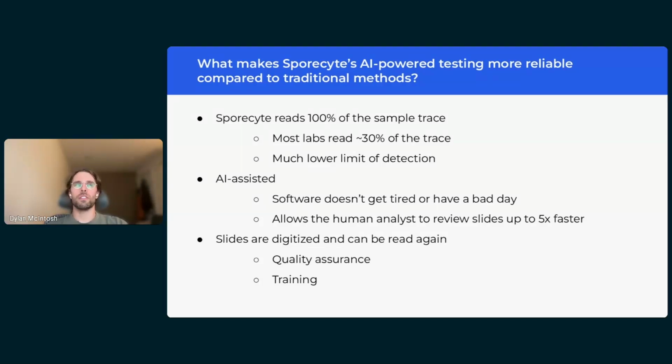That image, that scan of the slide can be reread any number of times without degradation, whether that be for quality assurance purposes, training, or just archival, where a physical slide will start to break down within a number of days or weeks. And after about 30 days, it's really broken down to the point where it's probably not very reliable to reread that slide in the future.